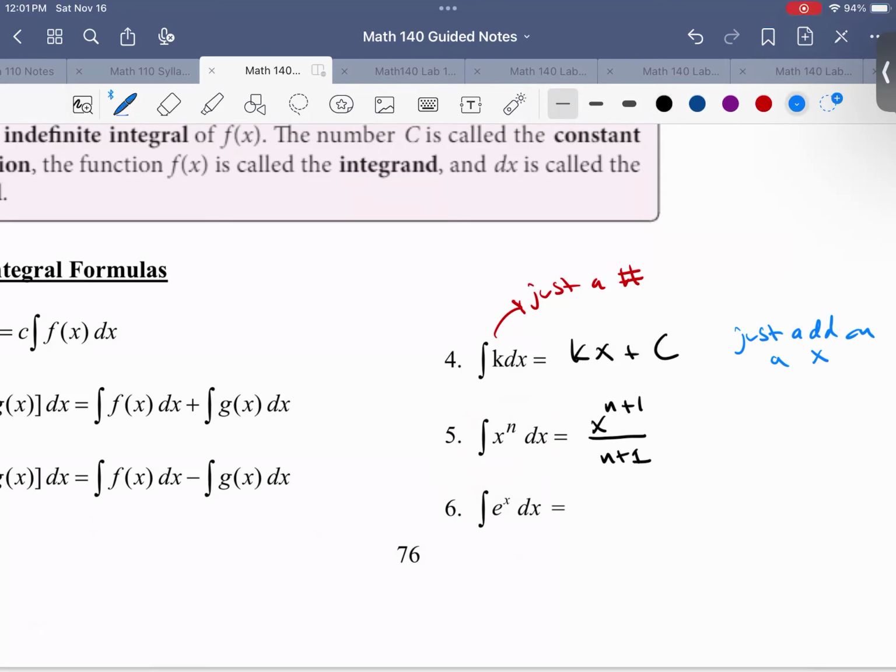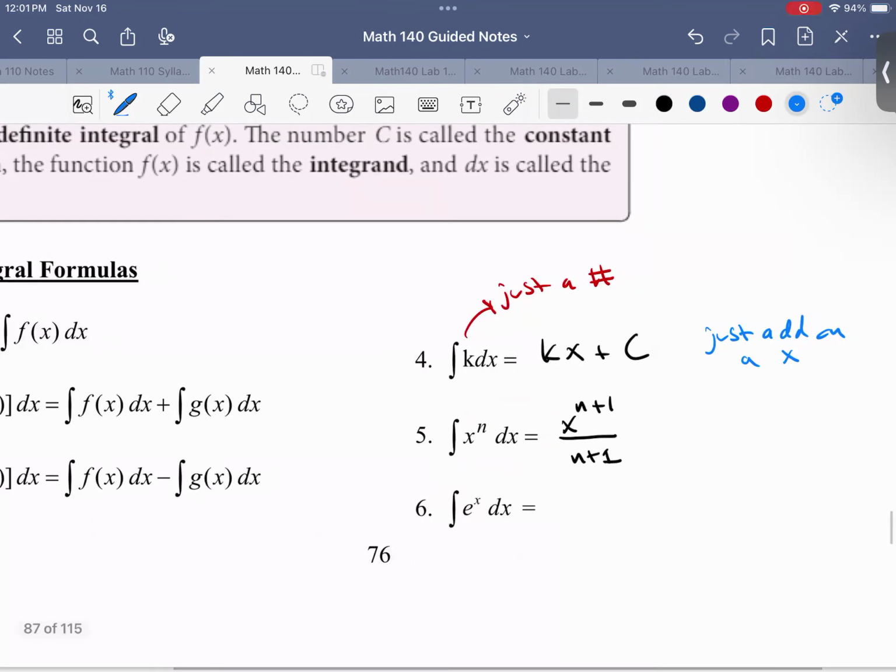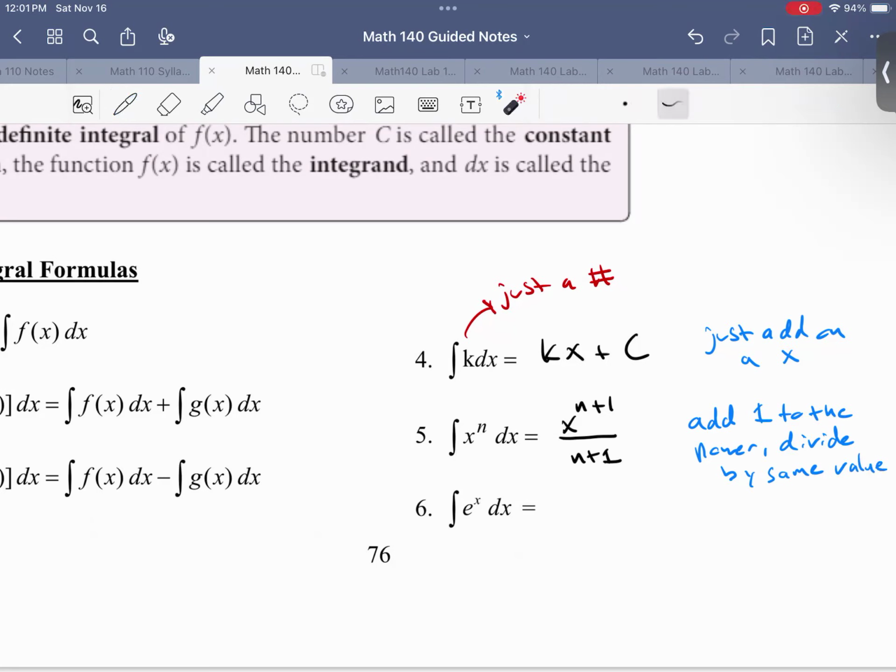So it's the opposite of that power rule when we take a derivative. So what I'll say here is add 1 to the power, divide by that same value. So you just add 1 to the exponent and then divide by that n plus 1.